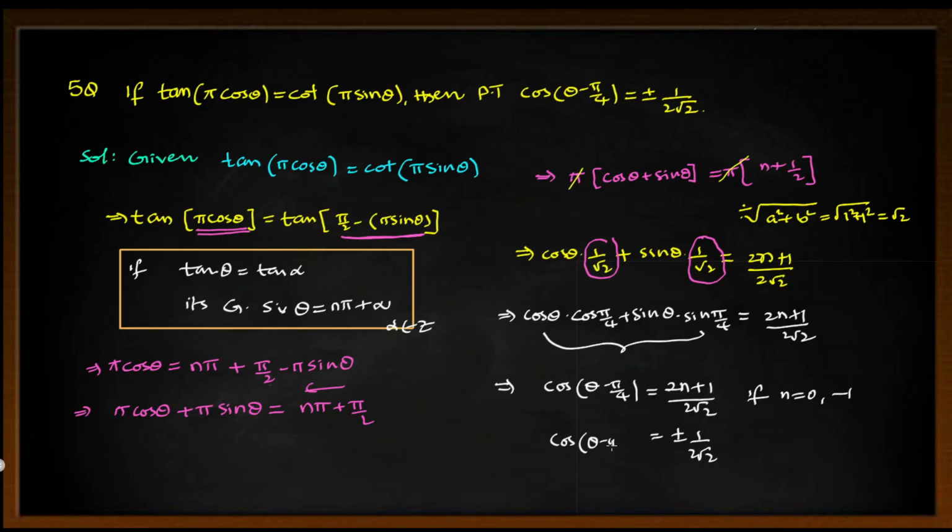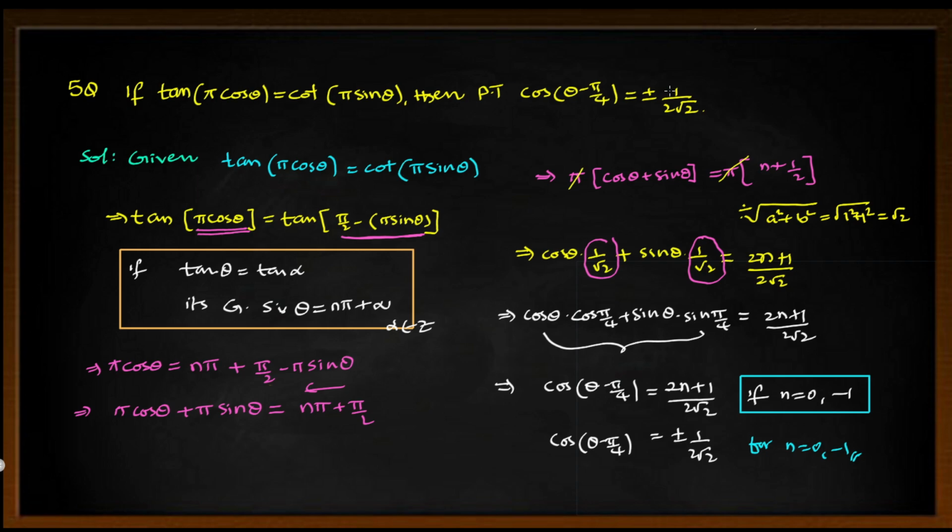So cos(θ − π/4) becomes plus or minus 1 by 2 root 2 for n equals 0, minus 1. So we have to show that cos(θ − π/4) is plus or minus 1 by root 2.